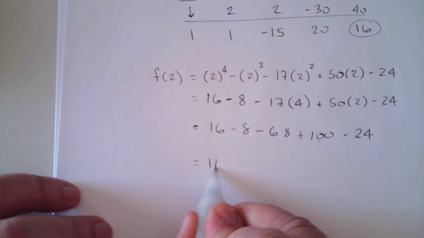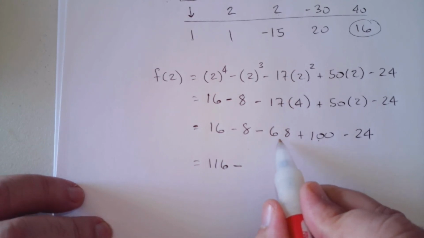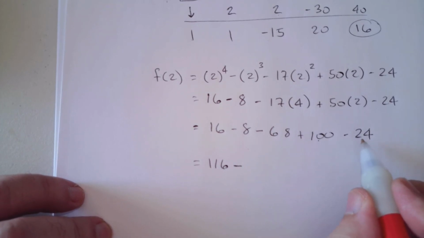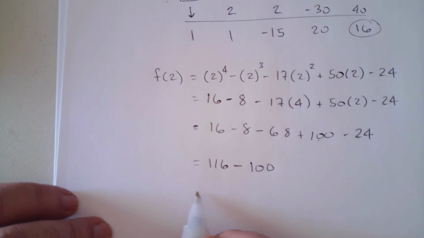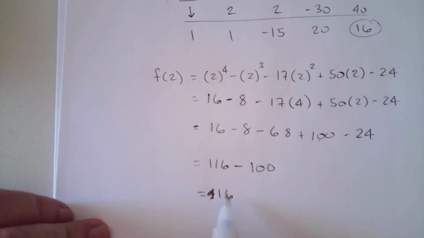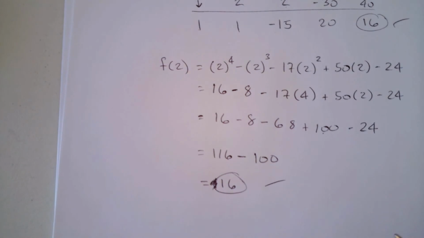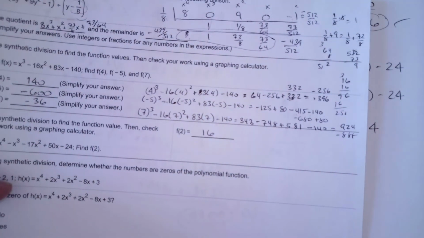And the negatives, 68 plus 8 is 76. 76 plus 24 is 100. No, it's 16. Yep, they check. Answer is 16.